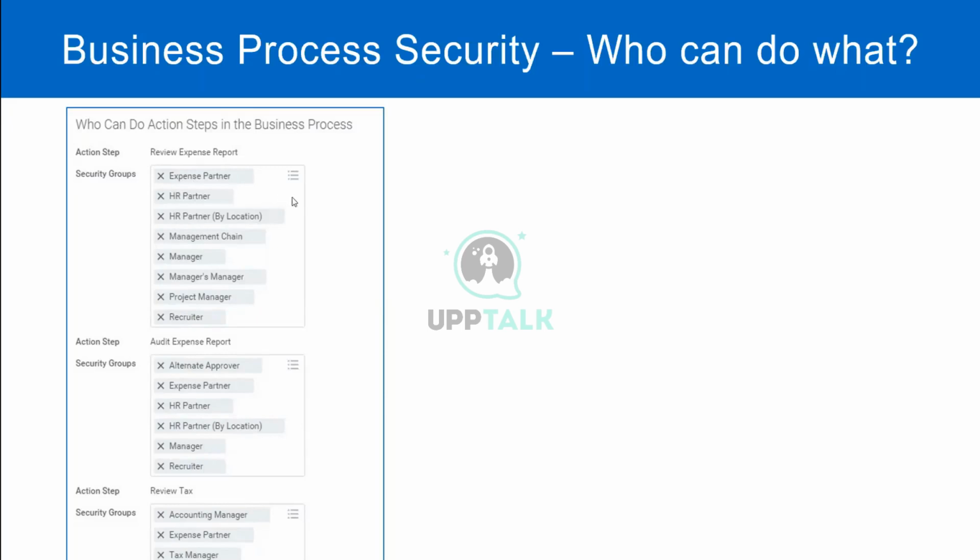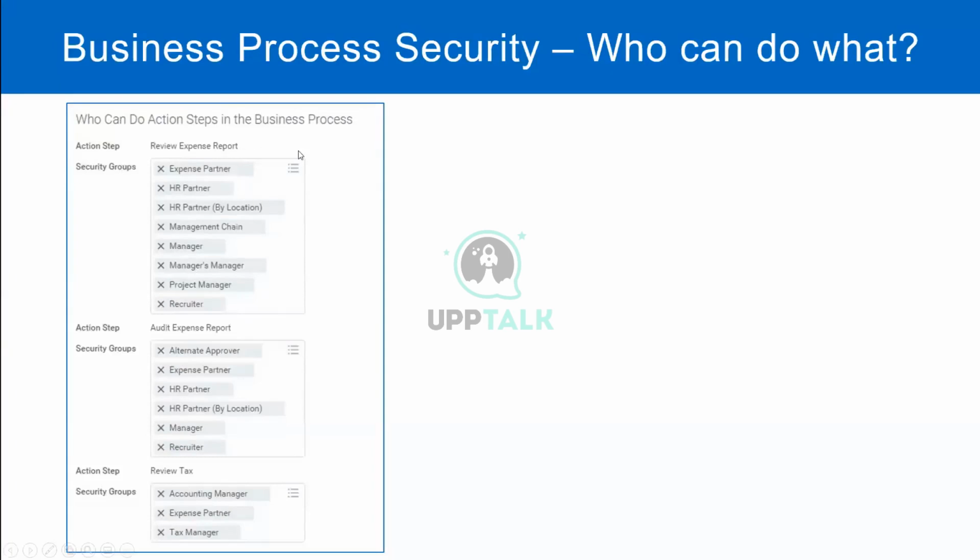Now my question is, when you create an expense report, who will actually get the task to approve? Is it all of them? Is it one of the security groups? How does it work? Who will actually get the task to approve? Is it the manager?